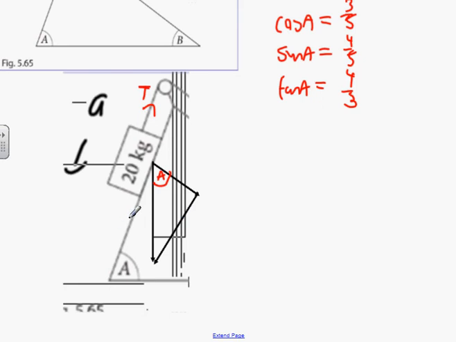Now this is 20G acting downwards. What can you say about this part here? 20G sin A, and 20G sin A will also be known as 12G.